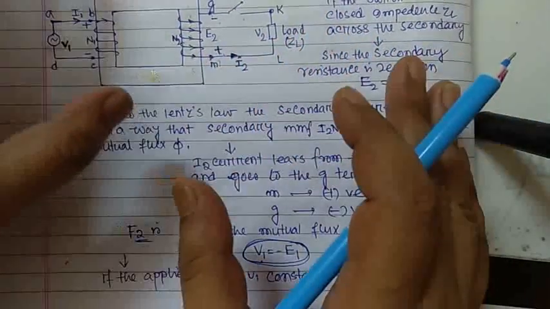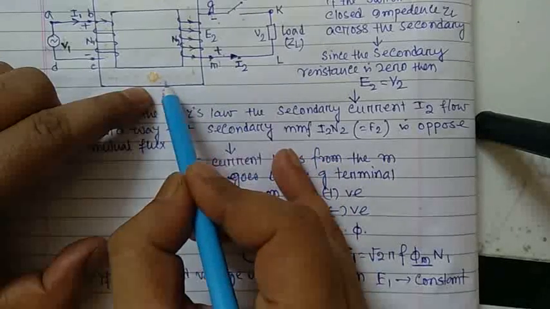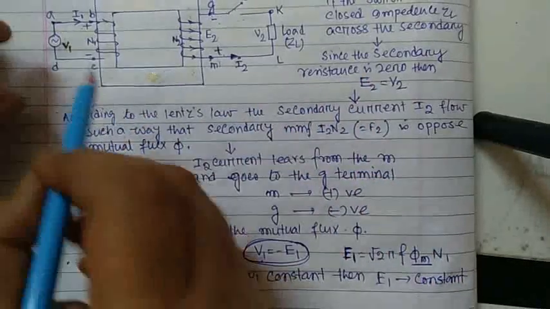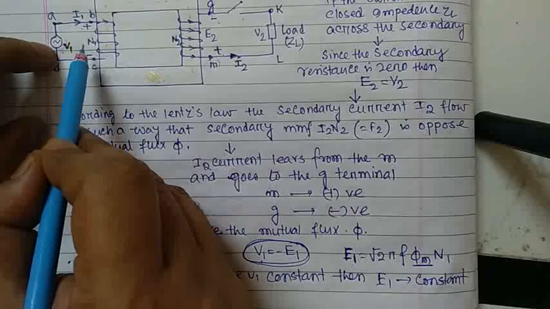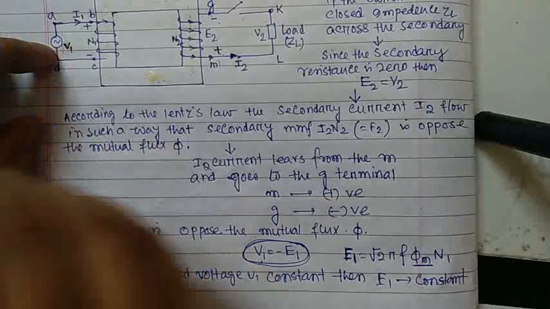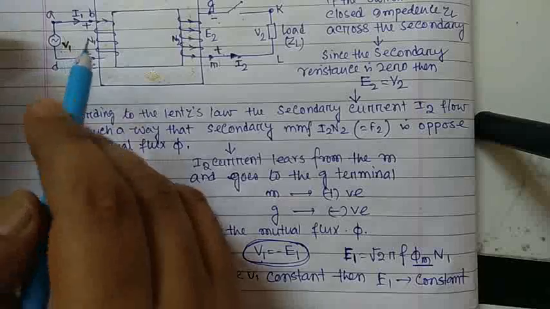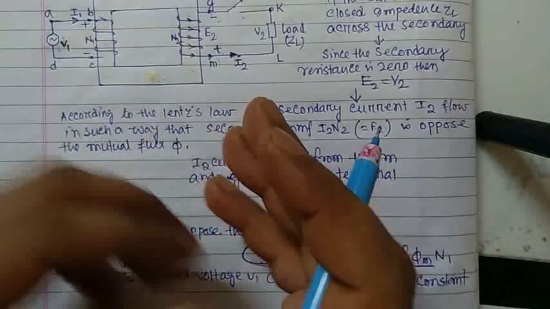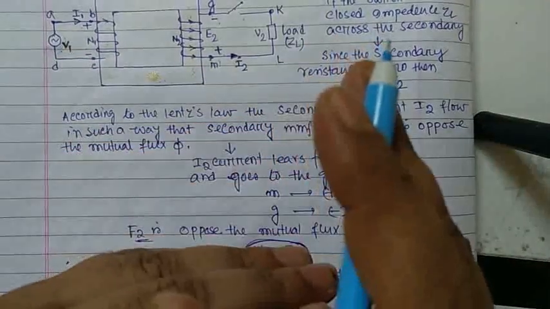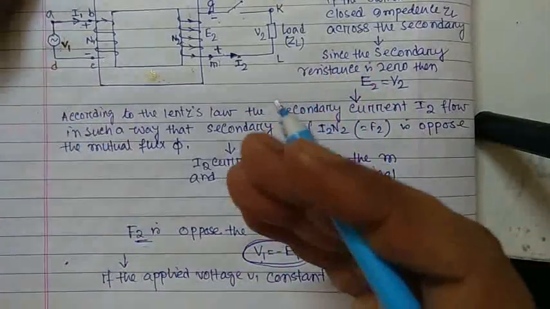Actually F2 is reducing the flux phi, so its effect is demagnetizing. As V1 is constant, in an ideal transformer the flux is constant. To keep the flux constant, the source must draw more current to neutralize the demagnetizing effect of I2N2, that is F2.